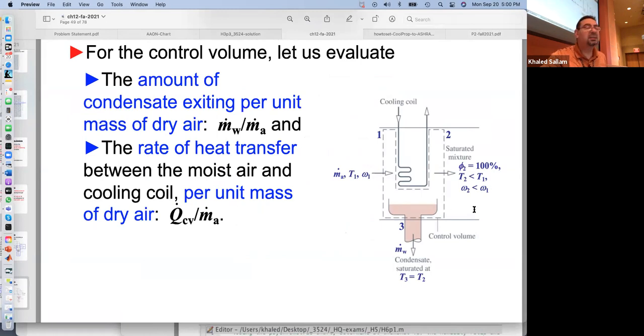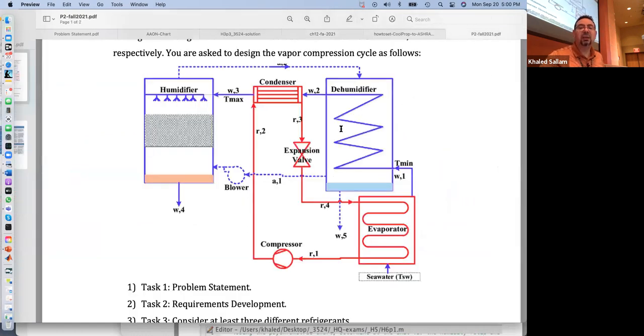And he drops his water. Make sense? Right? This is exactly what's happening over here. Hot, humid air and a cooling coil, right? And it basically leaves and drops its water.